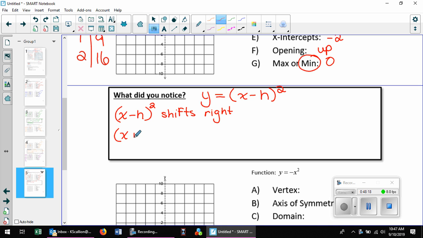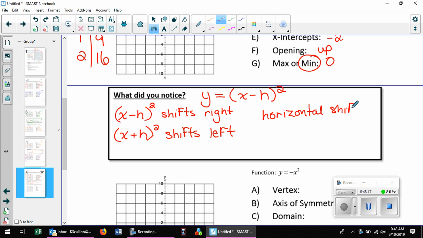So if you have x plus h squared, which way am I going? One of those, yes. But you'd think if it was add, it should be going that way. Anyway, whatever.